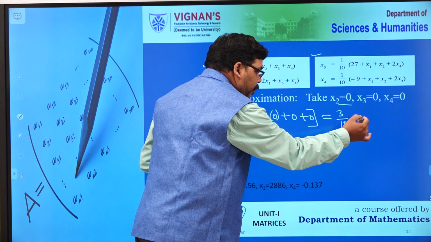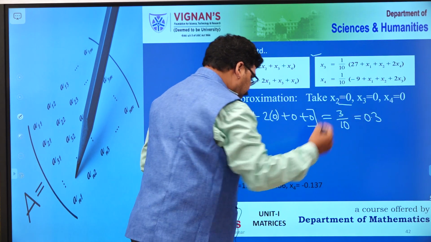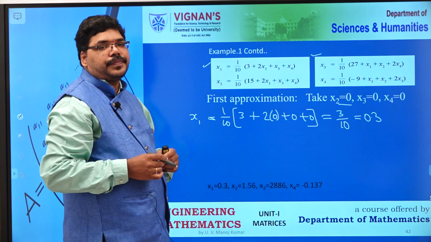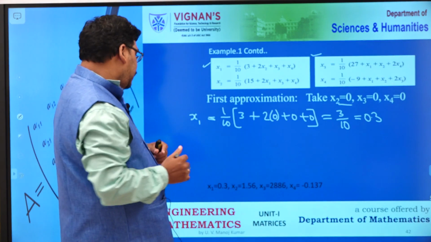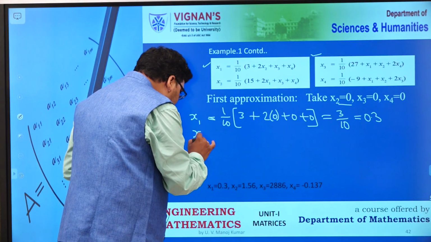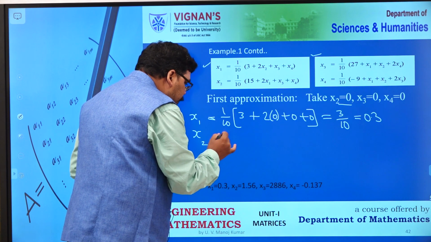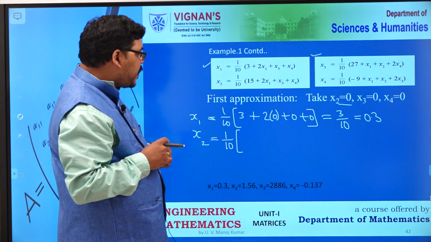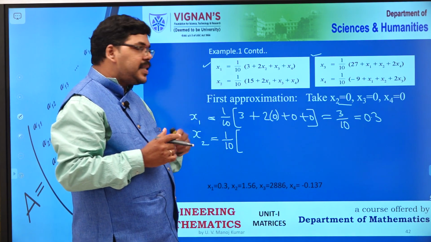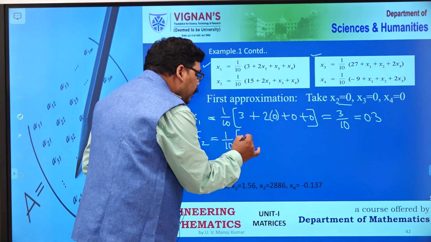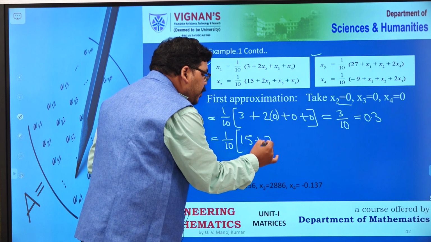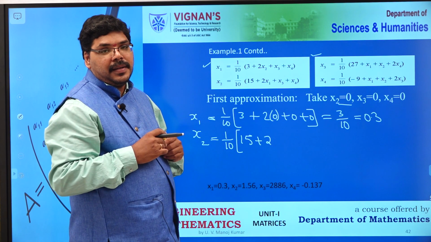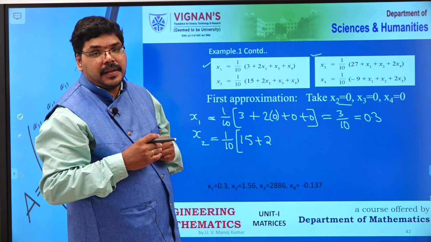What is this value? 0.3. Similarly, x2 equals 1 by 10 into, see the expression there, 15 plus 2 times of x1. What do you have to substitute for x1?